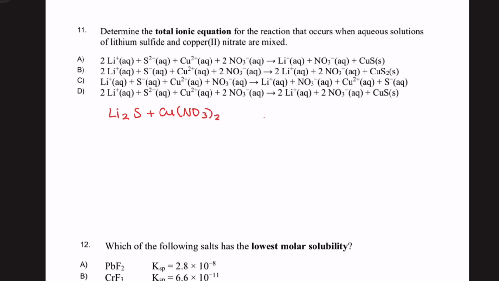That's copper 2 nitrate, and these are aqueous. Very important to write states for this. And it says, so we're going to form copper sulfide as a solid and lithium nitrate.